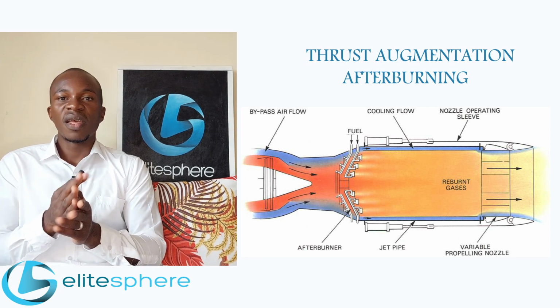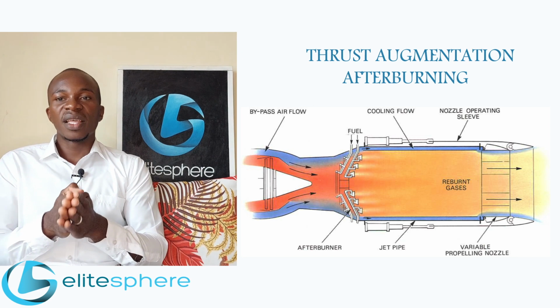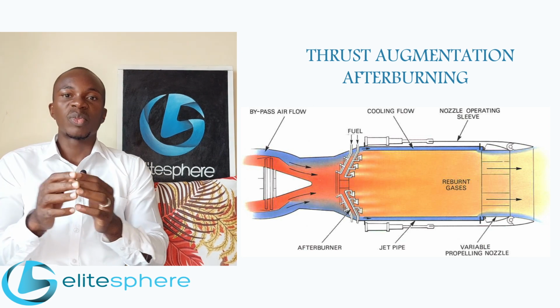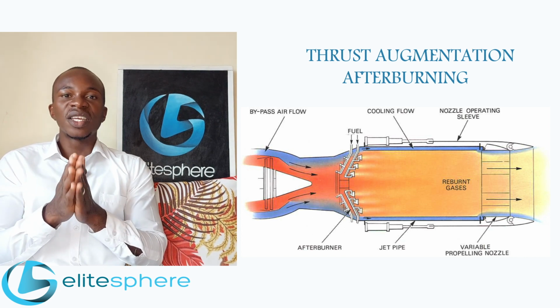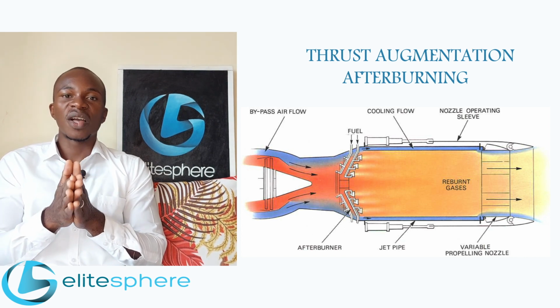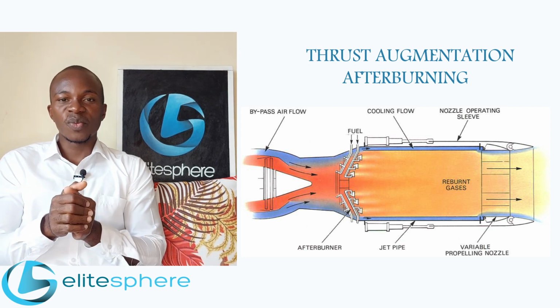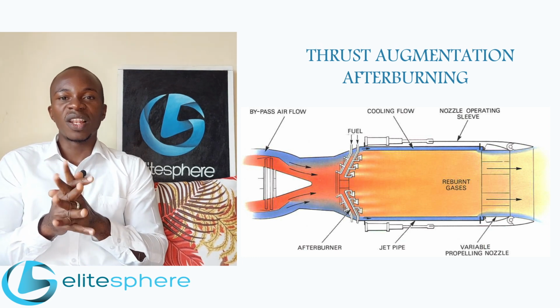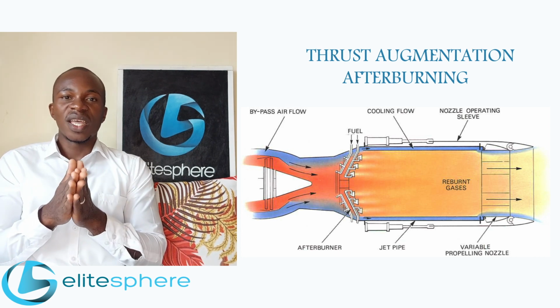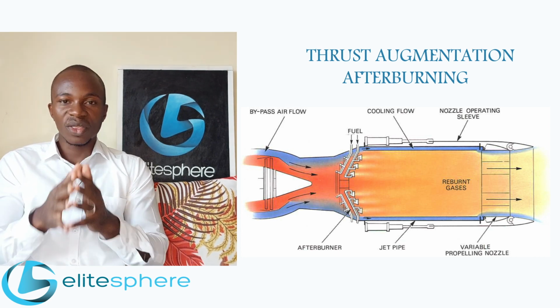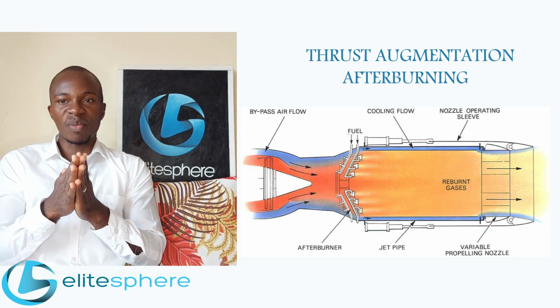This is achieved by burning the unburnt oxygen in the exhaust gases to support combustion. The resultant increase in the temperature of the burnt gases causes an increase in velocity of the gases as they are propelled outwards, and thus causing an increase in the thrust being produced by a gas turbine engine.